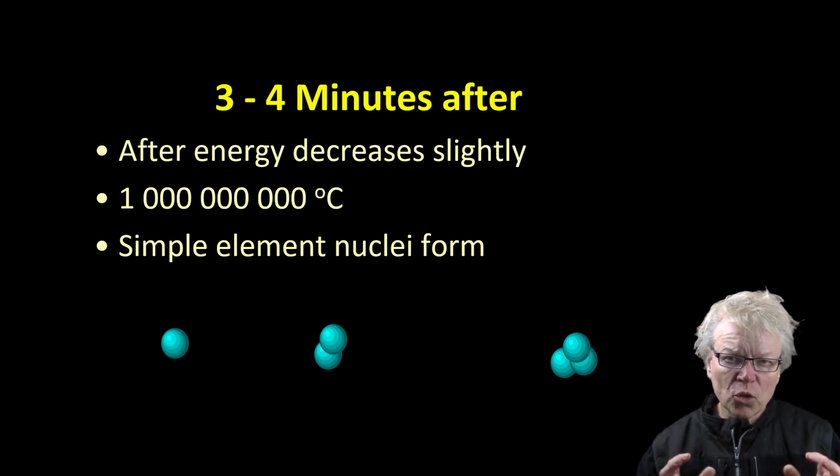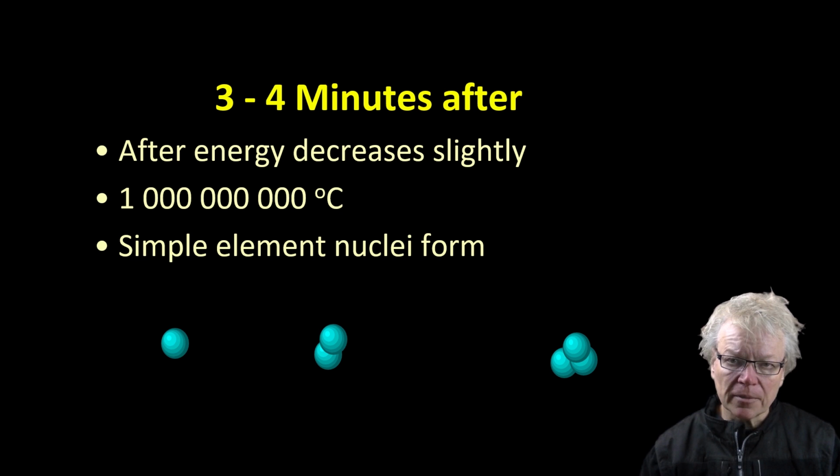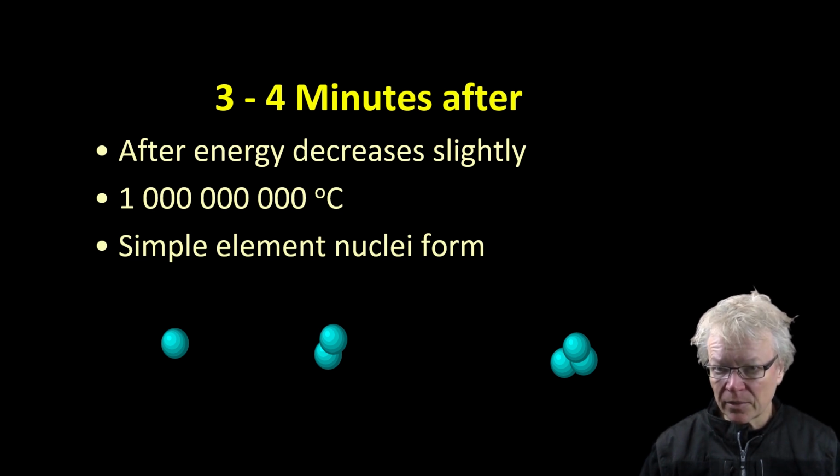And because it's cooled down slightly, some of those protons can start to come together. We, of course, had hydrogen, 2 protons coming together. We had helium, and there was also the ability for 3 protons to come together, and we'd get lithium.